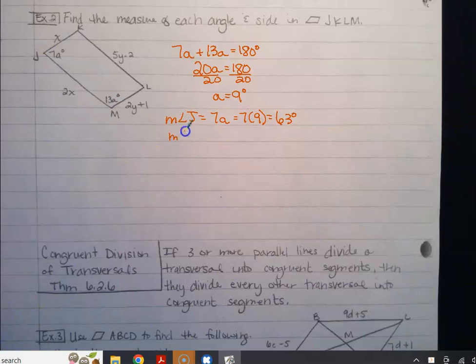And so the measure of angle M equals, do we want to do 13A or do we want to say 180 minus 63? 13A, okay. So equals 13A, which is 13 times 9. 117. So 117 degrees.